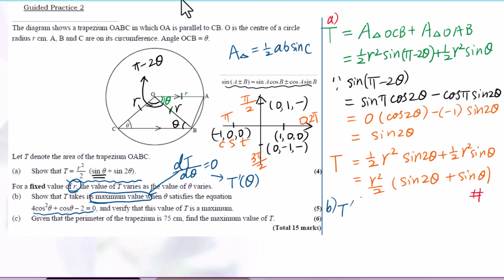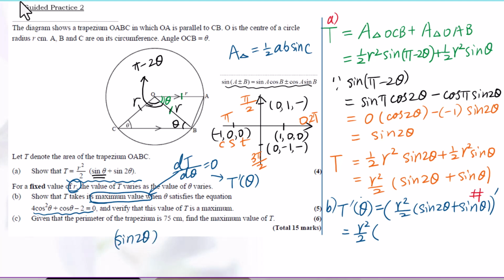Let's use this notation. T prime of theta equals r squared over 2 times (sine 2 theta plus sine theta), then the derivative equals r squared over 2 as a coefficient. The derivative of sine 2 theta equals cosine 2 theta times the derivative of 2 theta based on the chain rule, so we get 2 cosine 2 theta.